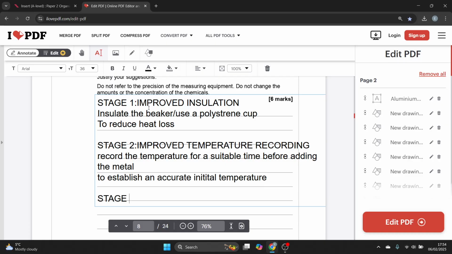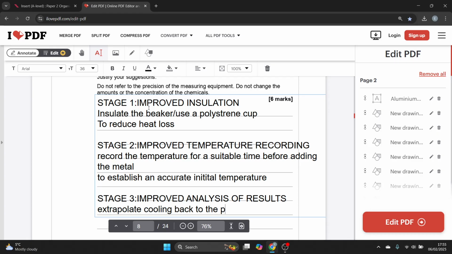And stage 3, improved analysis of results. Extrapolate cooling back to the point of addition to establish a maximum temperature.